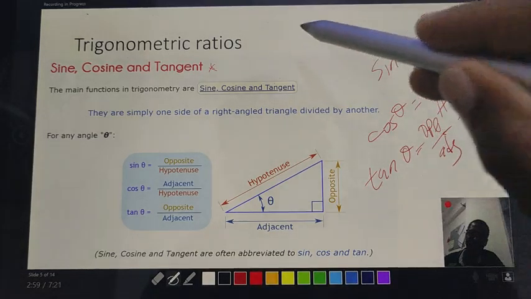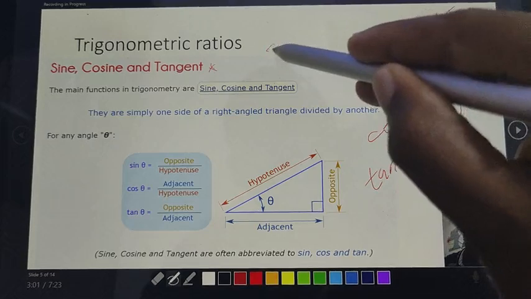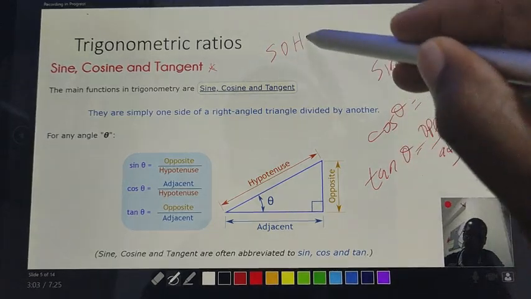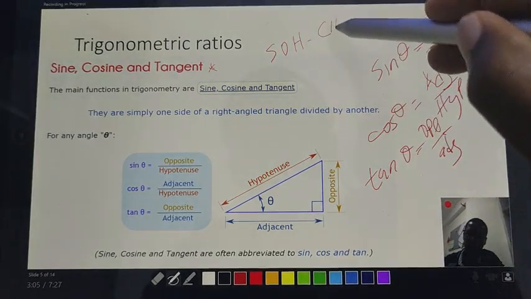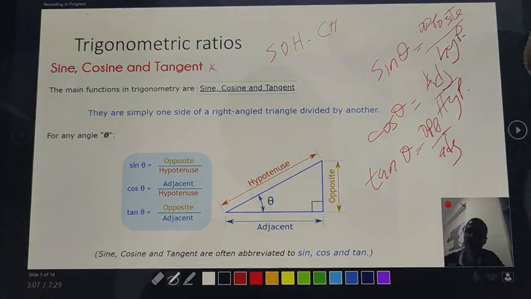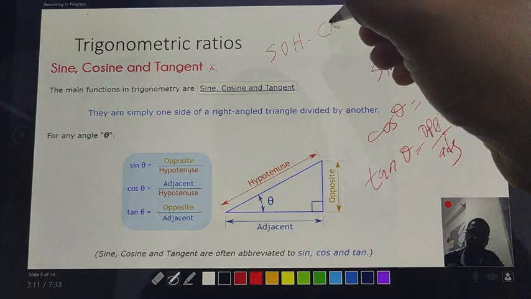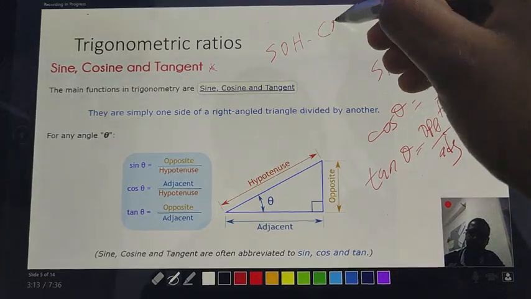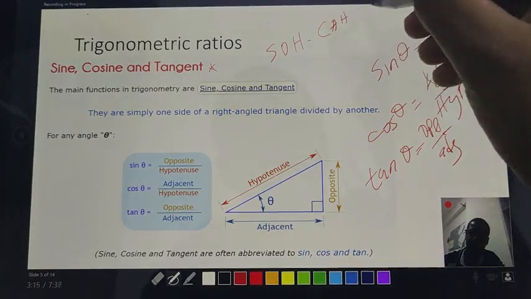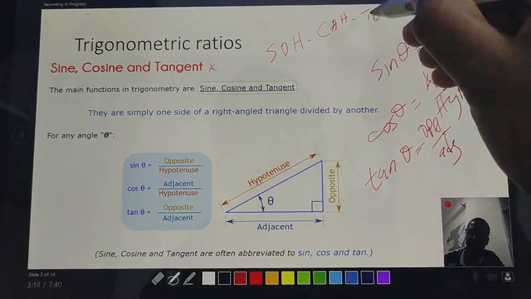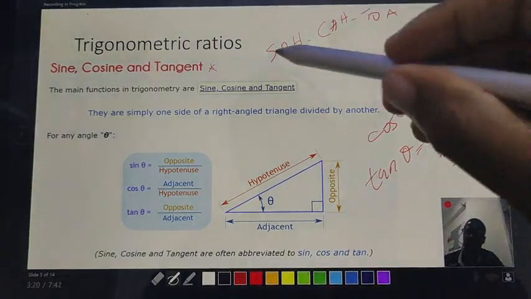For you to remember this, you can easily use the term SOH CAH TOA.